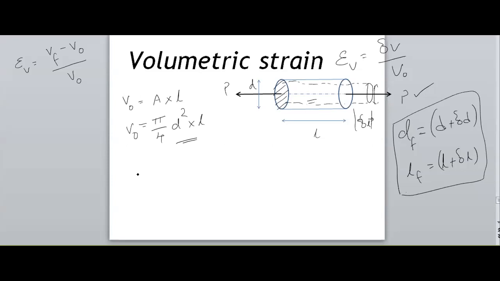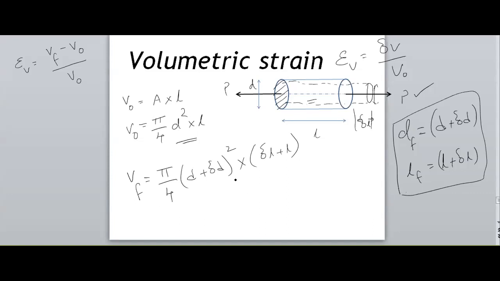And how to find the final volume of the component? The area is pi by 4 times the diameter squared, that is D plus delta D whole square, into the final length, L plus delta L. This gives the final volume.